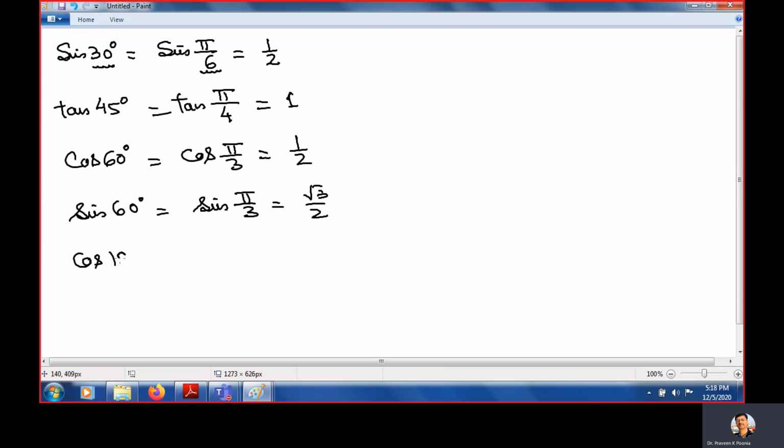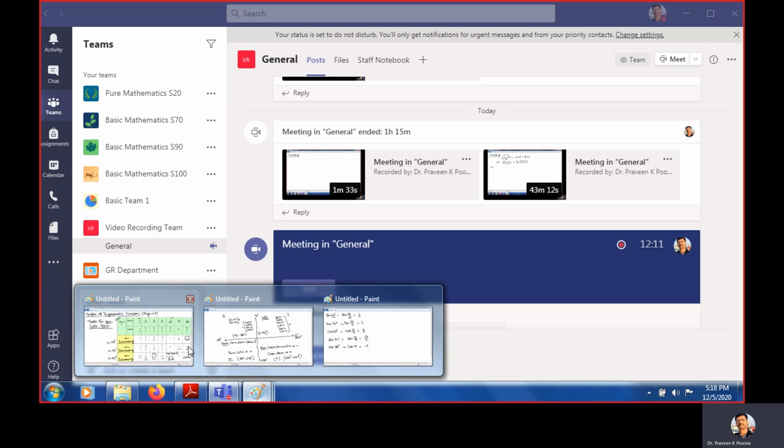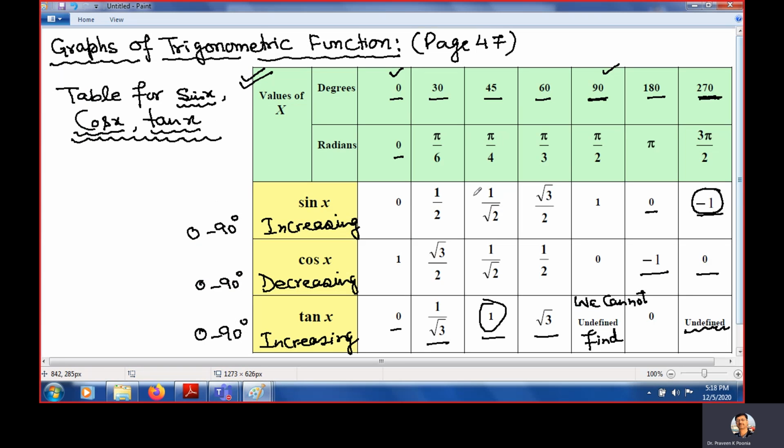What is cos 180 degrees or cos pi? It is minus 1. So like I learned all these values, you also need to learn this table. If you learn this table, it will be very good for your future. Okay, so this is about the table.